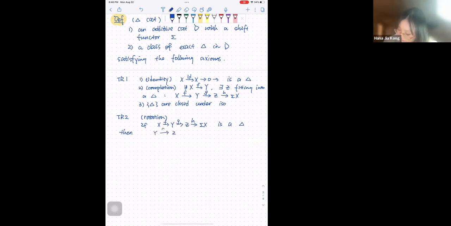So Y to Z, Z to suspension of X, and suspension of X via suspension F to suspension of Y. This is a triangle, and if you rotate back, then you get X to Y to Z, and this is the -1 suspension of Z, and this is the -1 suspension of H, F, G. Then these two sequences are also distinguished triangles.